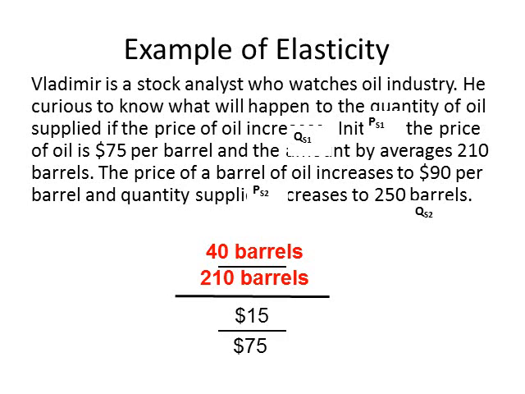The next calculation is to divide by the initial quantity. In this example, divide 40 by 210 barrels of oil, which gives 0.19, rounded off to two digits. As a side note, this number represents the percent change in the quantity due to the increase in price.